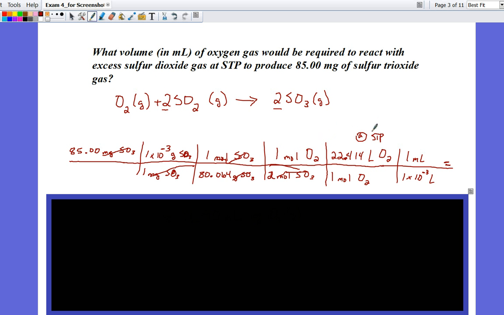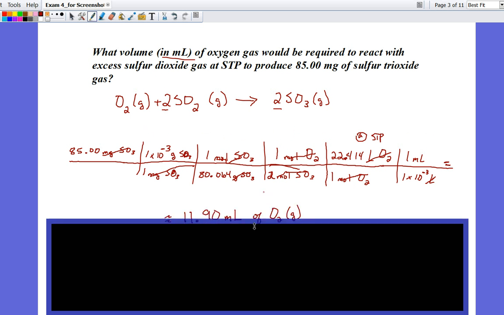And then since we're talking about STP, 1 mole of O2 at STP should occupy a volume of 22.414 liters. Then you need to get that volume to be in milliliters, so you convert it to milliliters. And you multiply across the top and divide by the bottom.